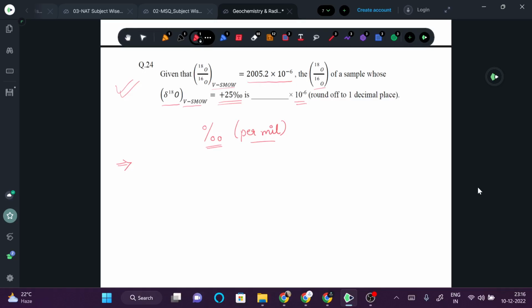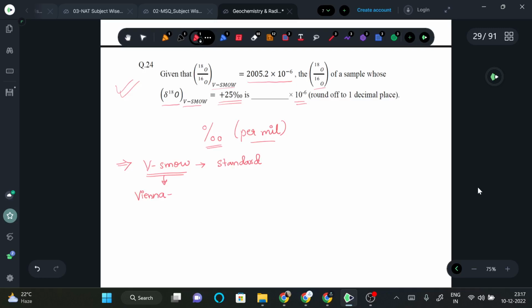VSMO is actually a standard value. Does anyone know what VSMO is? Sir, this is the value for O18 by O16 in ocean water, taken as standard. Yes, what will be the full form of this? It won't be asked in GATE obviously, but I'm asking generally.